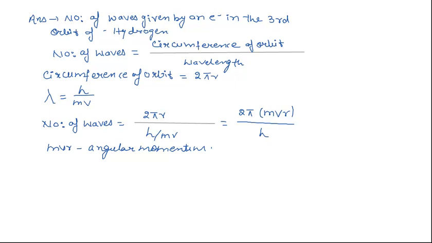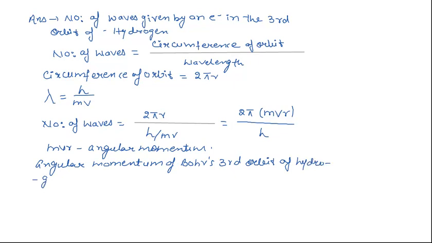Now what is the angular momentum of the third orbit of Bohr's hydrogen atom? mvr is equal to nh upon 2 pi.